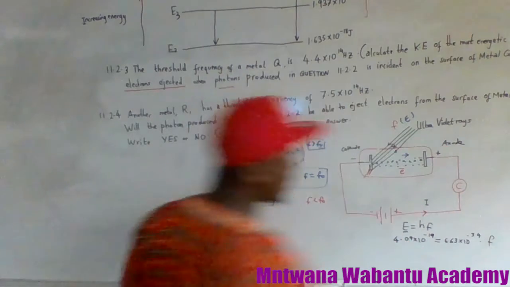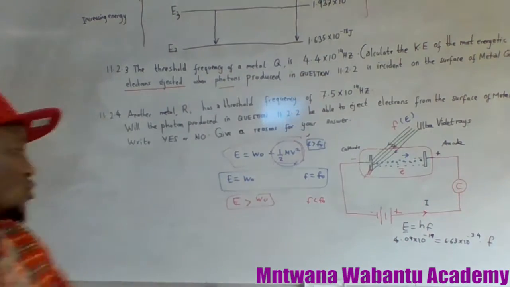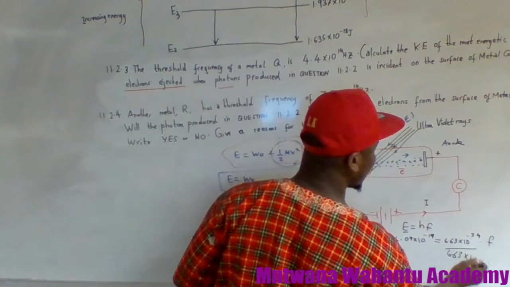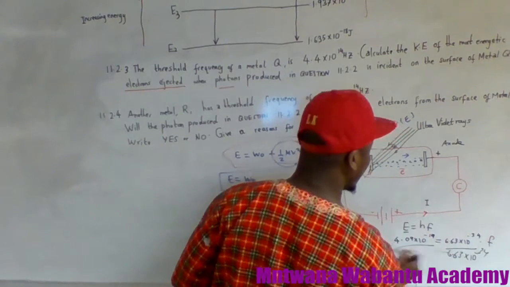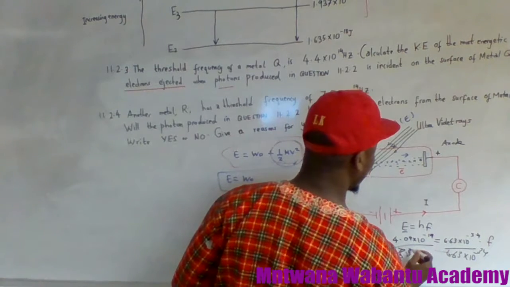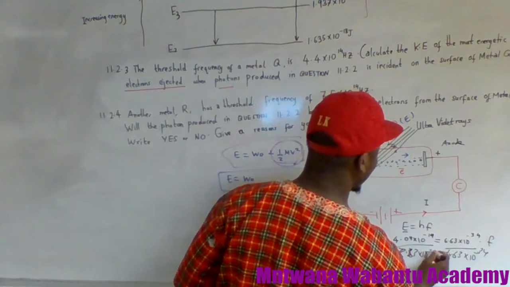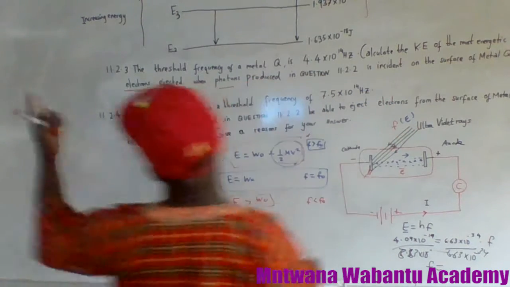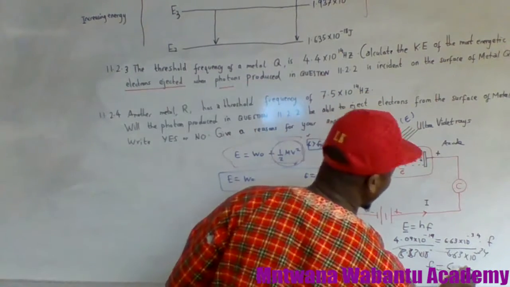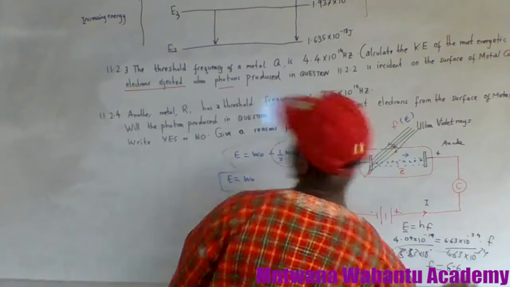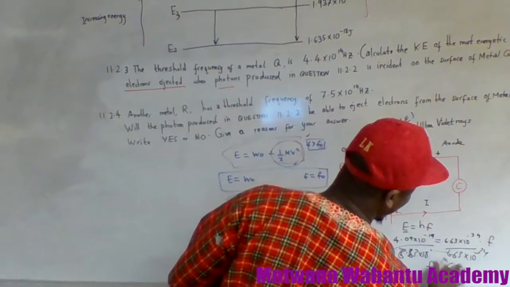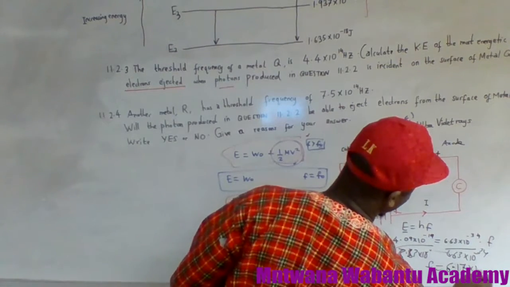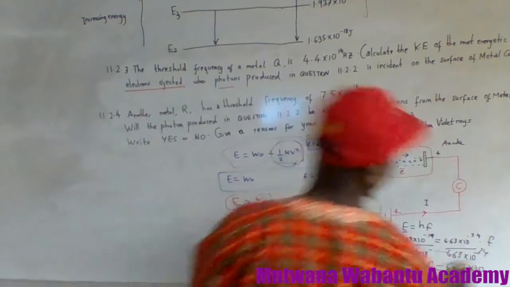This will be the frequency of the light which is coming. So plug into a calculator and divide by 6.63 times 10 power negative 34. So the frequency of the light which is coming, we had it already, which was 6.17 times 10 power 14 hertz.